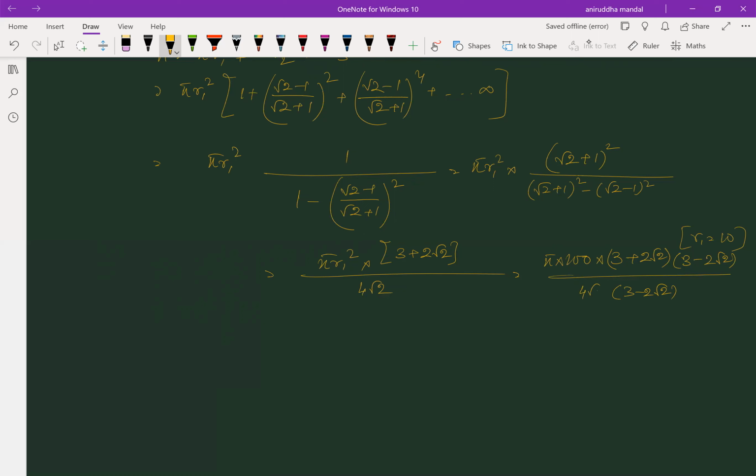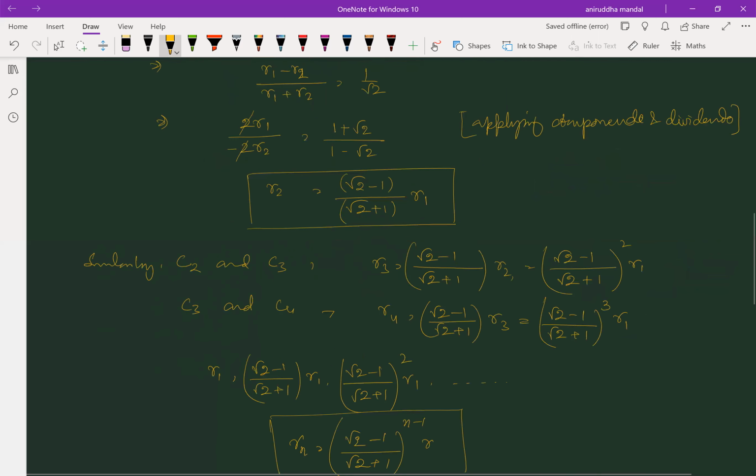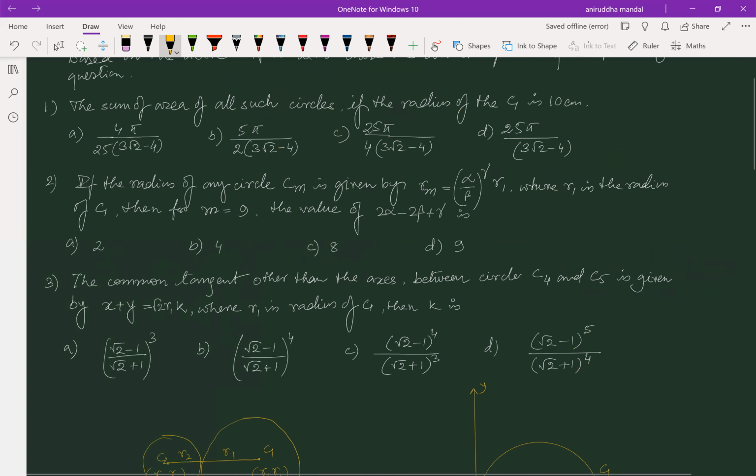So this is 4 root 2, so 4 root 2 means 25, and this is 25 pi, and this is 3 square minus 8 means 1, and this is root 2 means 3 root 2 minus 4. So this is the answer to the first question. So check with the option. Option C is correct.